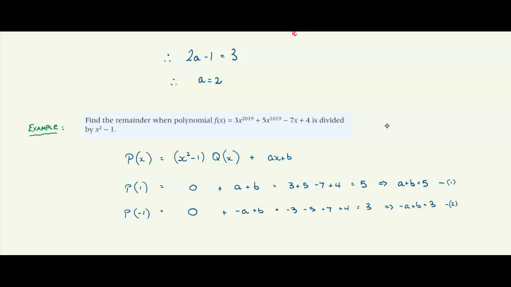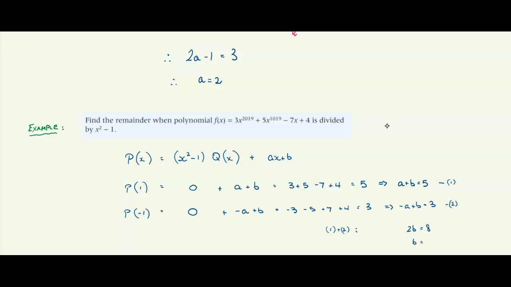It looks like I will use elimination here. I've got two equations in two unknowns, so I use simultaneous equations. Adding the two equations together, my a's disappear. I end up with 2b equals 5 plus 3 is 8.